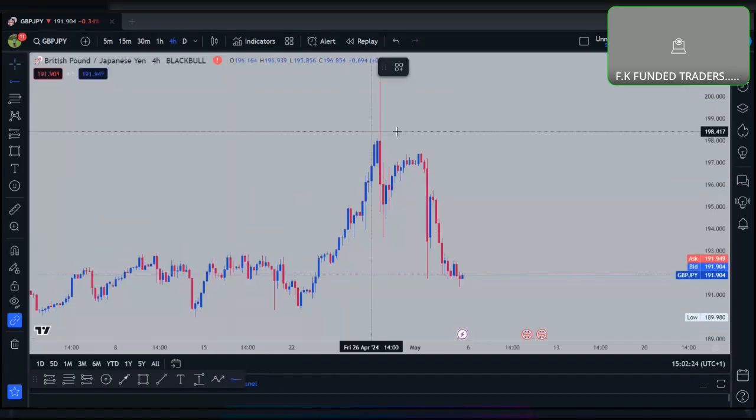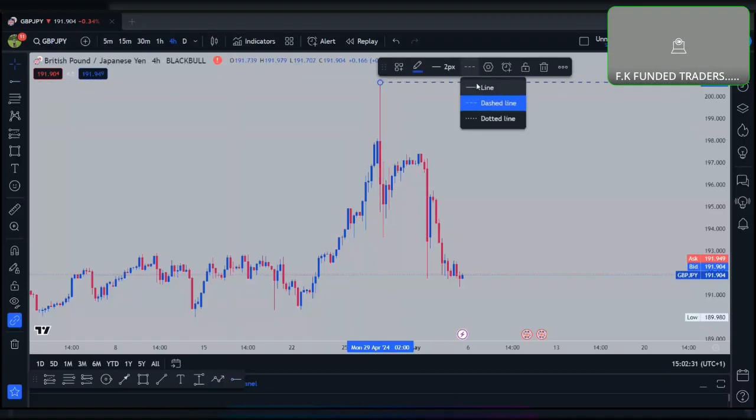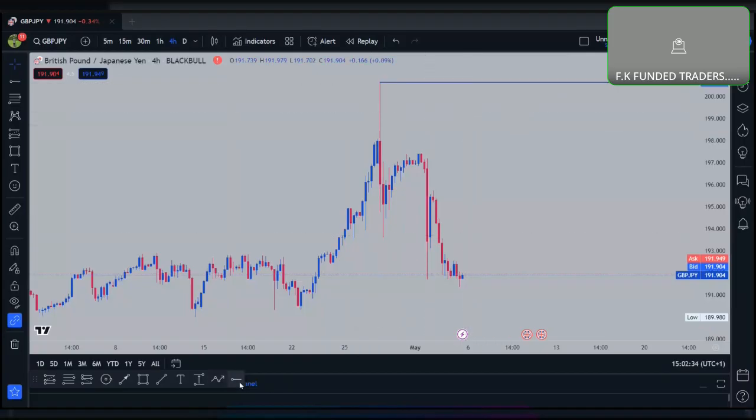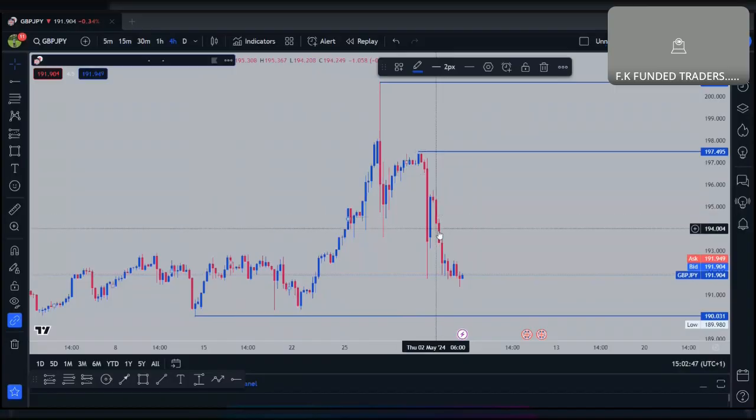So we shall mark the wicks. Reasons why we mark wicks. Who can give me the answer? Mr. Kinnick, I'm having trouble with the microphone. Why are we marking the wicks? We are marking wicks because it indicates that at one time price reached there. Very good.